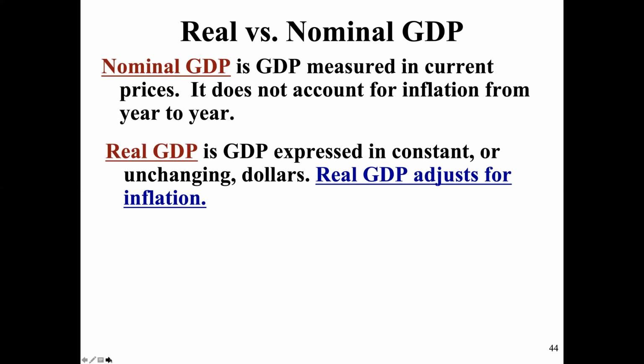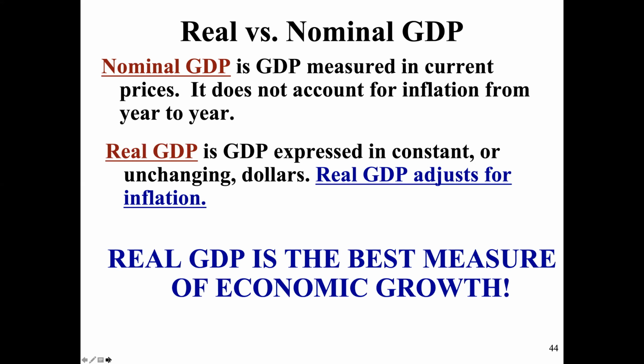Real GDP is going to adjust for inflation, and the way that works is you express it in constant or unchanging dollars. When we're looking at ways to measure real economic growth, we want to use real GDP, because we can say, is there actually more for society to consume? And are our incomes actually higher when we look at the income approach, taking out the issue of price changes?